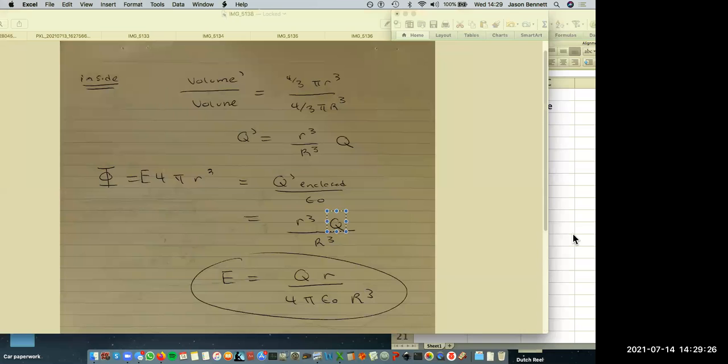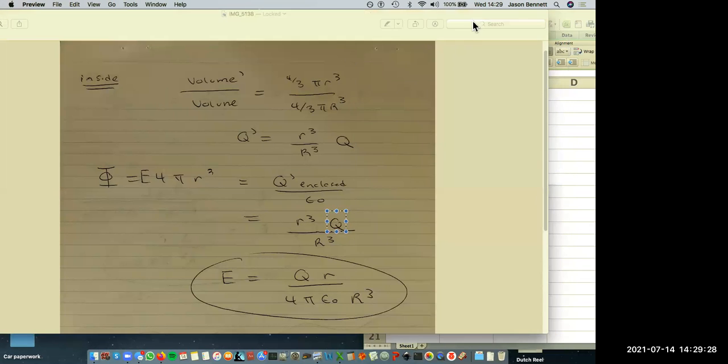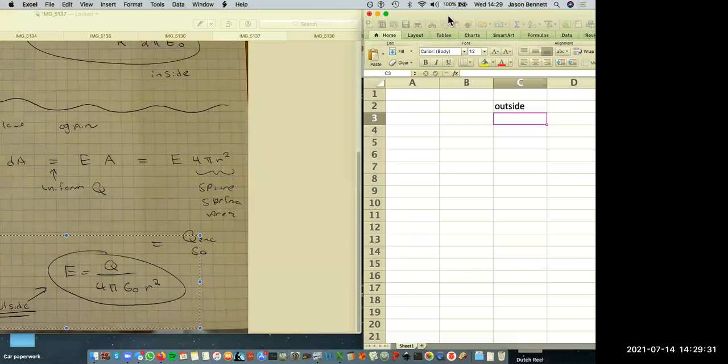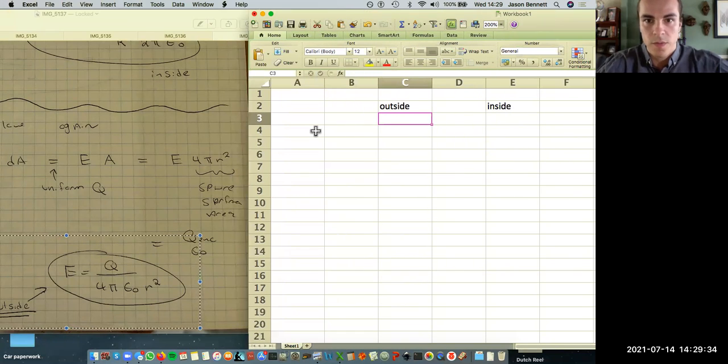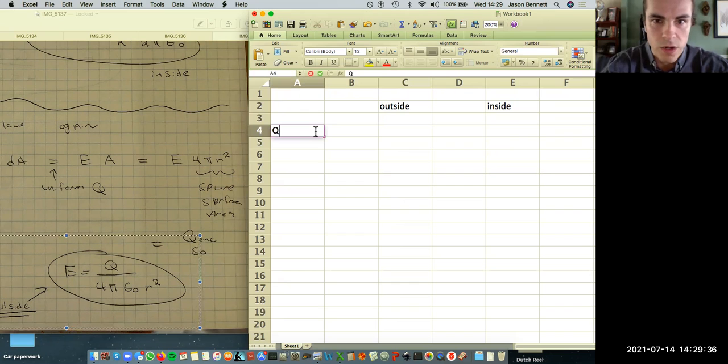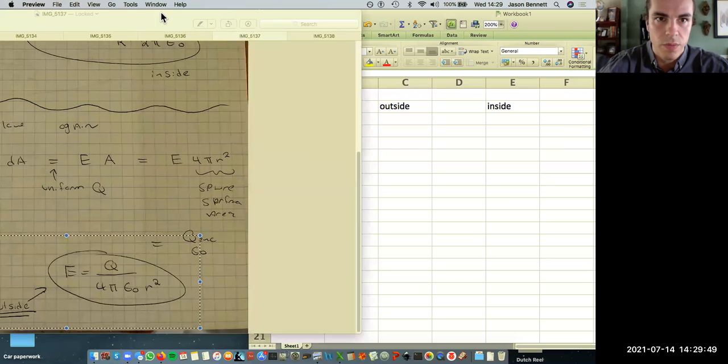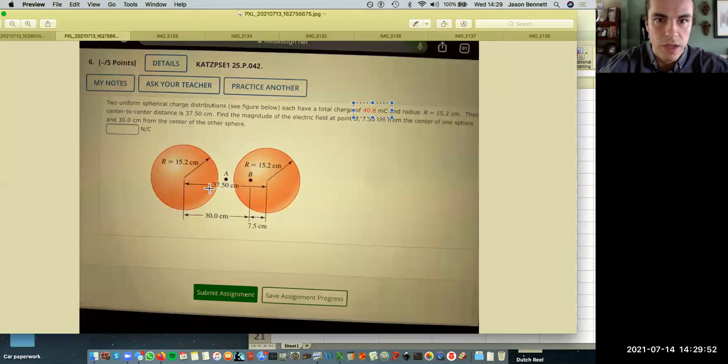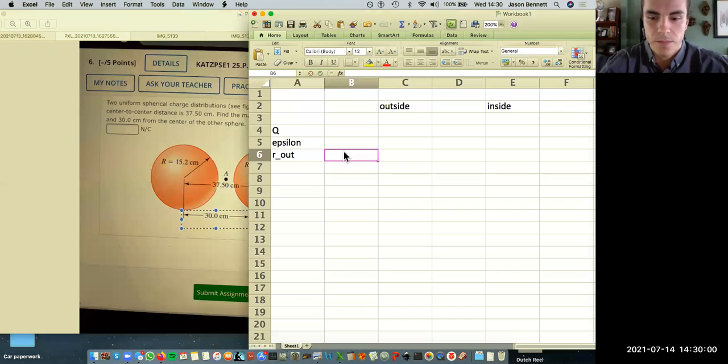Gotcha. Okay, so let me just take Q here. Epsilon, get that from Google in a second. R squared, R. Let's do R out, because I think that's given to us. Yes, 30 centimeters, so 0.3 meters.